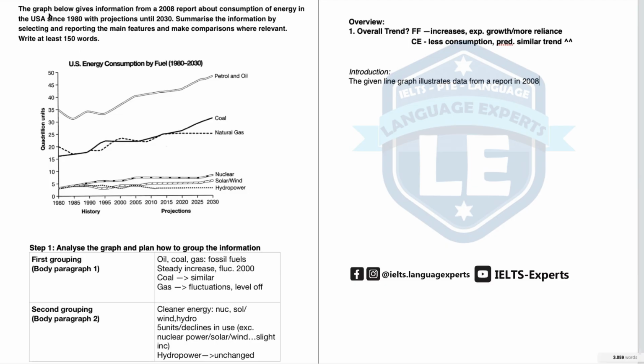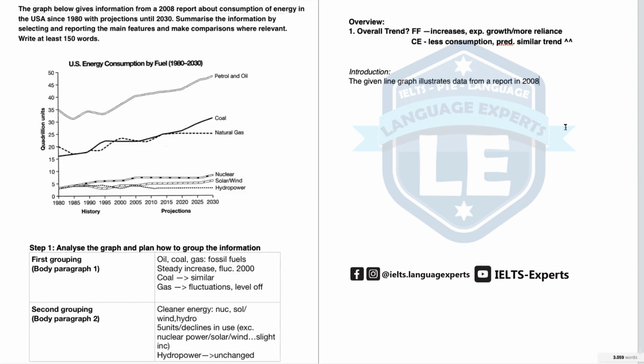Okay, so you see how instead of saying the graph below, I've said the given line graph. Instead of saying gives information, I've said illustrates data. And from a 2008 report, I've said a report in 2008. Let's continue: about consumption of energy in the USA since 1980 with projections until 2030.